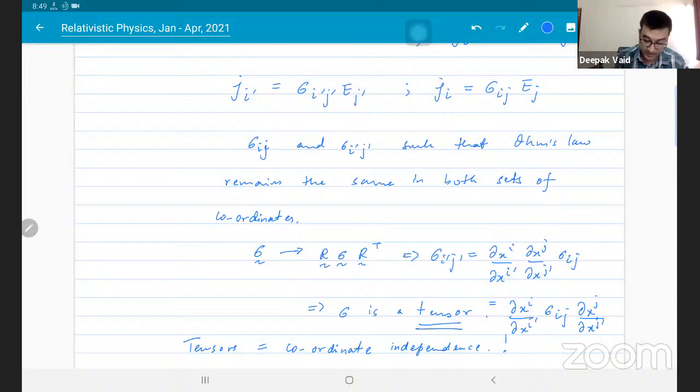So this can be written as some, I'll call this lambda, lambda i prime, sigma ij, and then lambda transpose, and lambda transpose becomes this. Let me just write it as this jj prime.